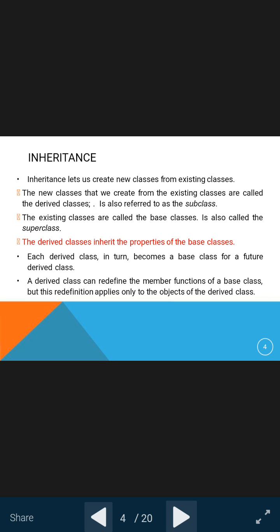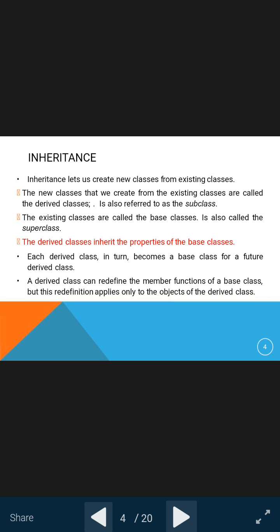Here we have two classes, a base class and a derived class. The base class has some features and the derived class also has some features. If you create an object of the base class, we can only access the base class features.